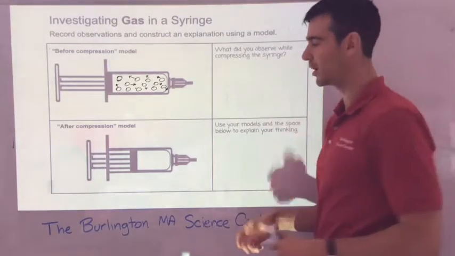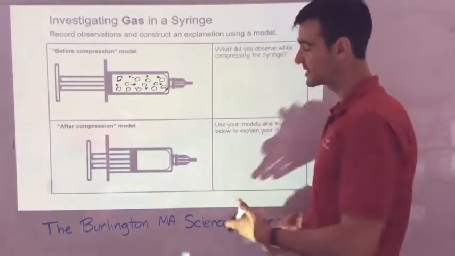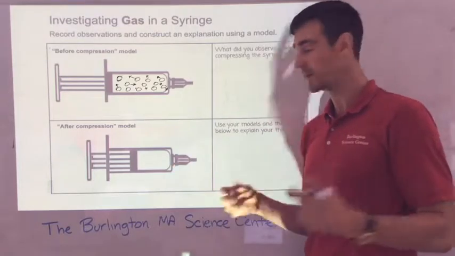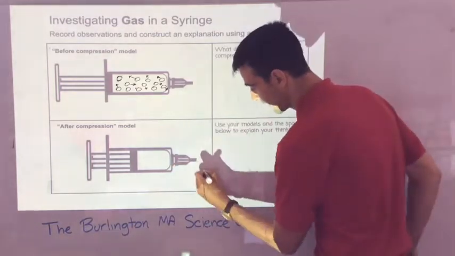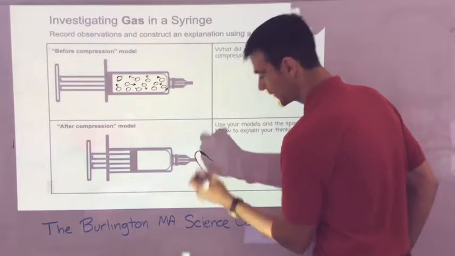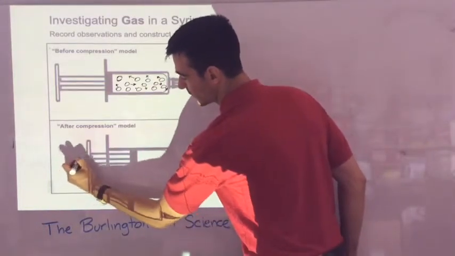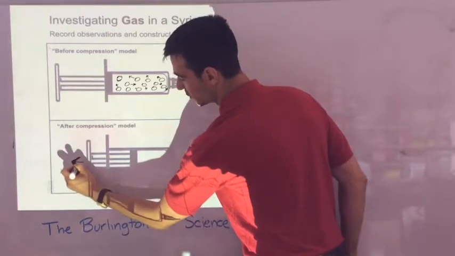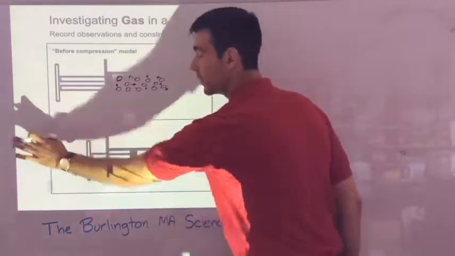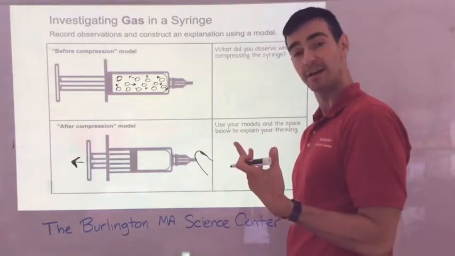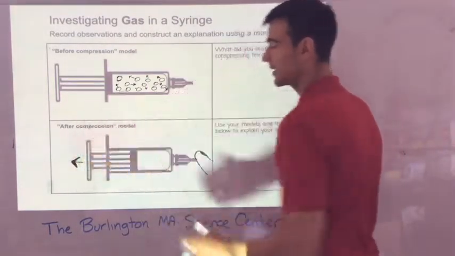It's also going to help our students construct explanations around why they feel what they feel when they add their fingertip to the end and compress, or what is going on with the compressional tool of the syringe, which tends to push out when we release our thumb off that compression.